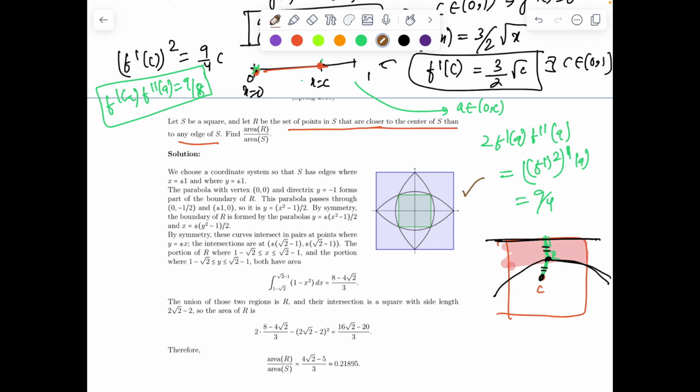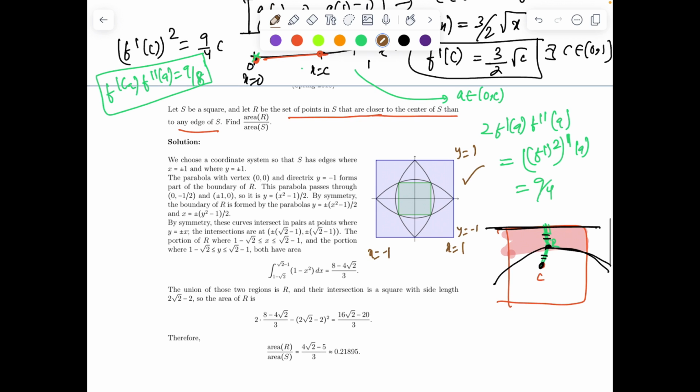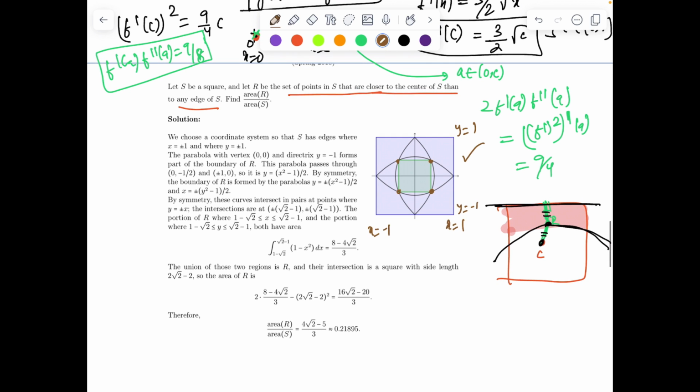So we choose the coordinate system so that S has sides x = 1, x = -1, y = 1, and y = -1. So this is a better coordinate system for the square. The parabola vertex is at 0, 0 and the directrix y = -1 forms a part of this boundary of R. By symmetry, all these curves will intersect in the square. The union of these two regions R and their intersection is a square with side length theta.